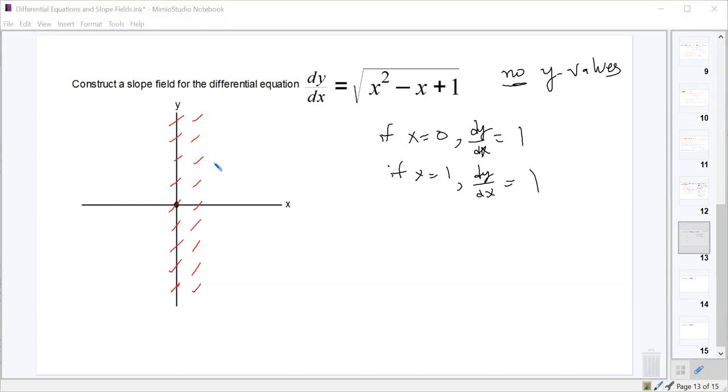But let's continue moving to the right. So what about at x equals 2? Root 3. The square root of 3 is more than 1, right? So each of these should be a little bit steeper.